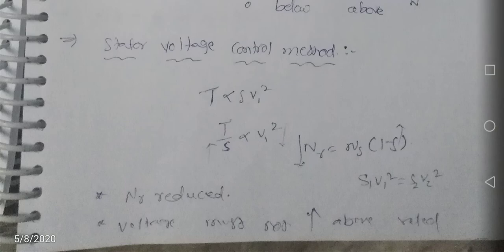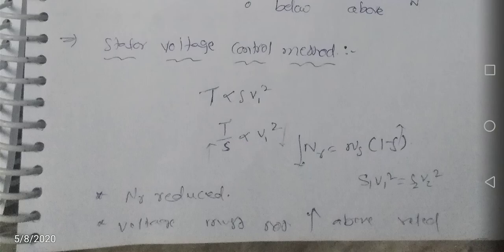When V1 value is decreasing from rated voltage, to maintain torque constant, slip is increasing. Rotor speed Nr equal to Ns (1 minus s), where Ns is the stator flux speed and s is the slip.